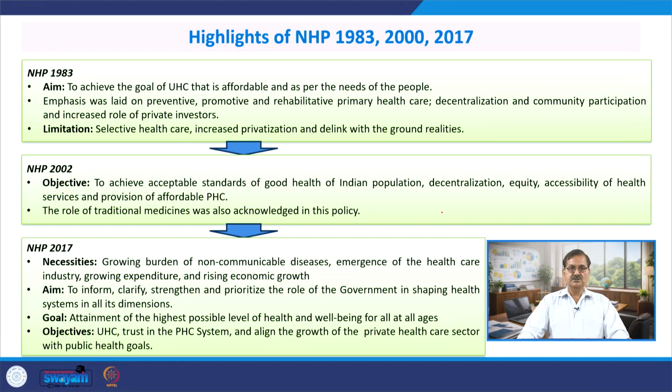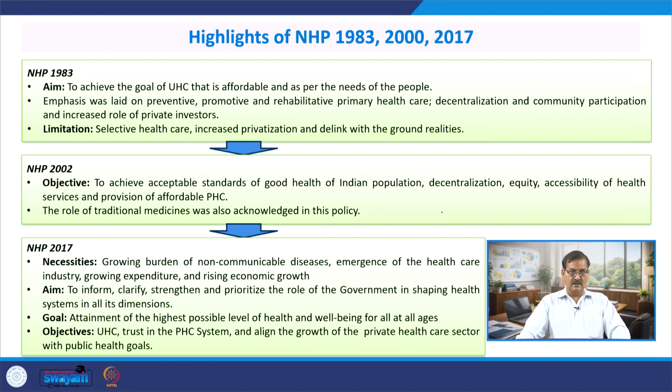But it also has some limitations, especially related to selective healthcare, increased privatization, and dealing with the ground realities. So, excessive importance was given to the privatization of healthcare, and ground reality was delinked from the policy framework.